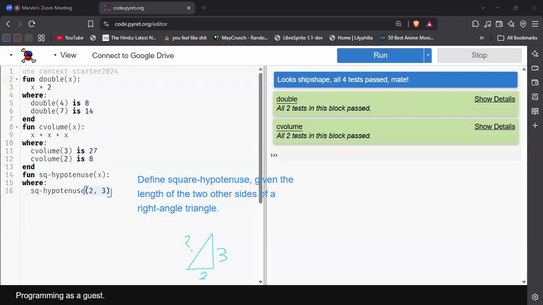Oh, right. 13. Okay, cool. So we can say it is 13. Yeah, 4 plus 9 is 13.